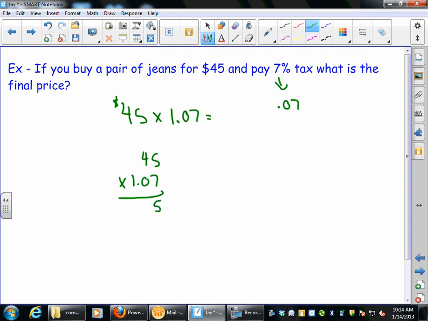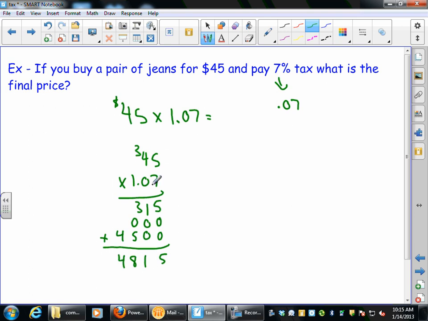7 times 5 is 35. 7 times 4 is 28, plus 3 is 31. Move over a spot. These are all going to be zeros. Move over 2 spots, and then you get a 5 and a 4. Add all this together. I have 5, 1, 8, 4.